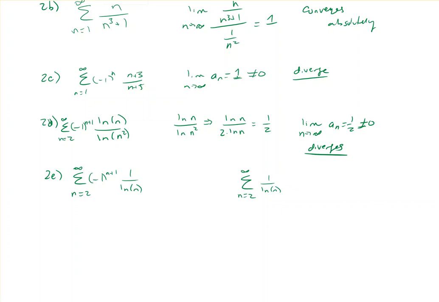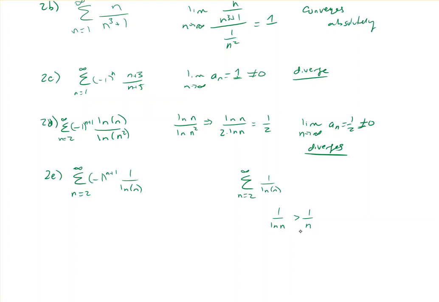Because my instinct is to think right away, ln of n is slower than n, I think I'd just use the comparison test. My idea would be this: ln of n is usually quite small. So therefore, this is going to be greater than 1 over n. And when does that happen? It really starts from the very beginning. ln of 3 is always smaller than 3. ln of 4 is smaller than 4.